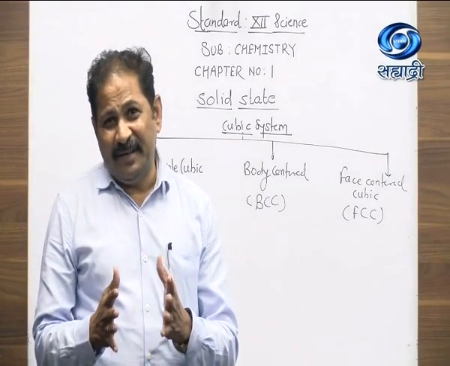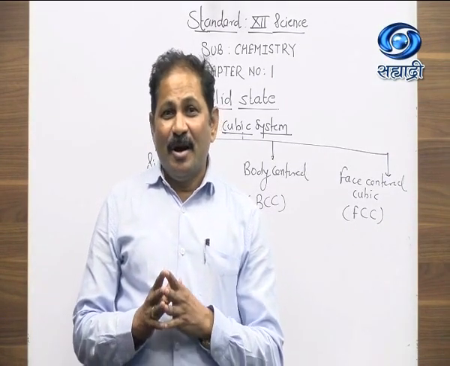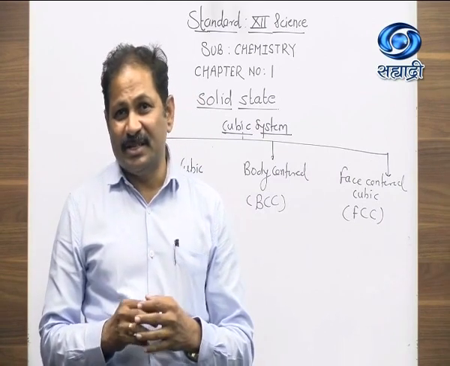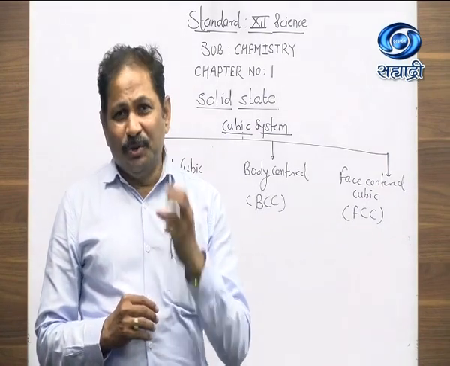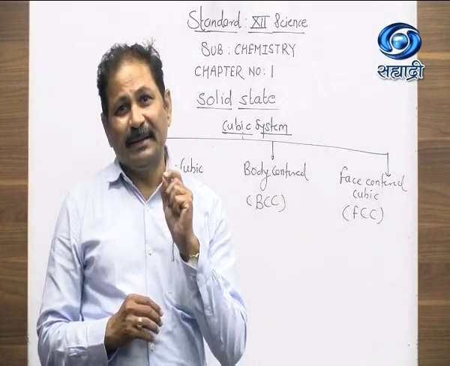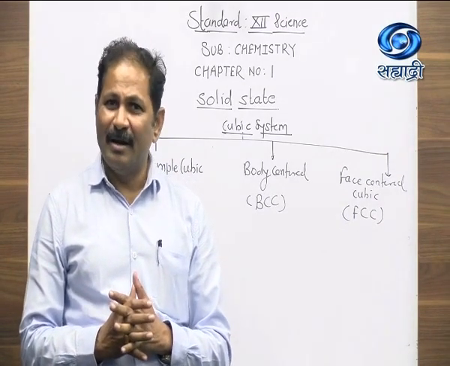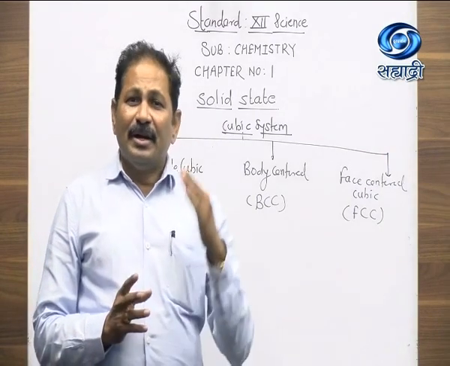Hello guys, in today's lecture we have discussed the unit cell in detail, how the shape of the unit cell decides the shape of crystal structures. Unit cell shape depends on parameters like bond angles alpha, beta, gamma, and edge lengths a, b and c.